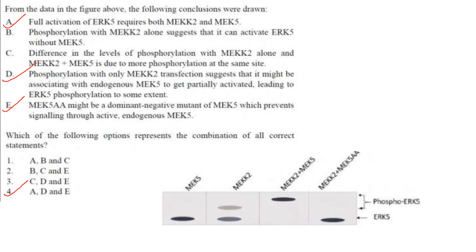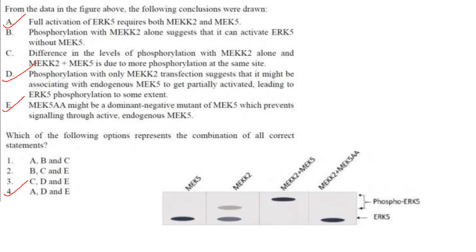Then next, MEK5AA might be a dominant negative mutant of MEK5 which prevents signaling through active endogenous MEK5. What is this dominant negative mutant? These are mutations leading to mutant polypeptides that disrupt the activity of the wild type gene when overexpressed.